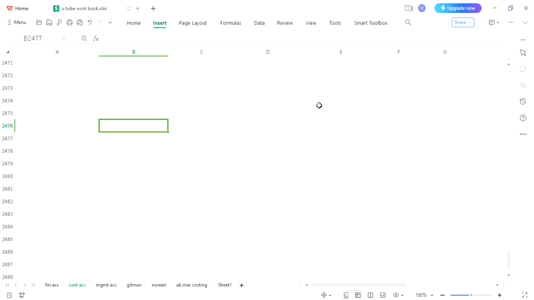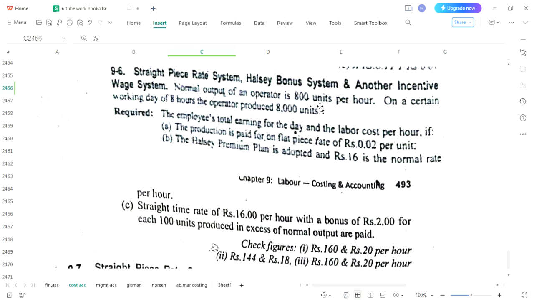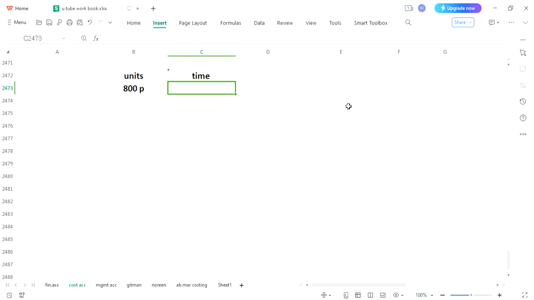So we have units, and it has been described in terms of time: 800 pieces are said to be made in how much time? Per hour, in 1 hour.